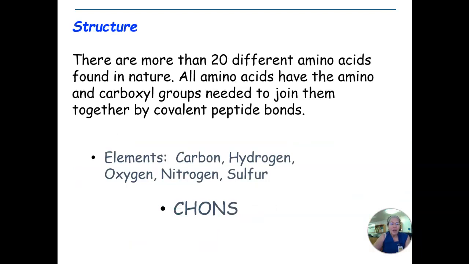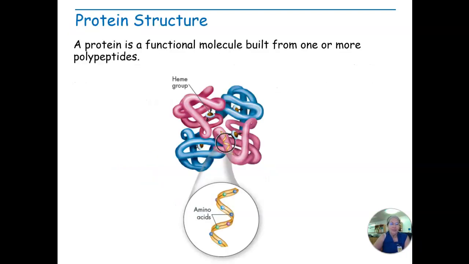The atoms you're going to find are mostly carbon, hydrogen, oxygen, nitrogen, and sulfur in a protein. And proteins have to be a certain shape for them to be able to work. So you get this long chain that's put together at the ribosome. It's like a big long chain of beads, but those beads have to form a very specific 3D shape. If they don't, then that protein cannot work and do its function.